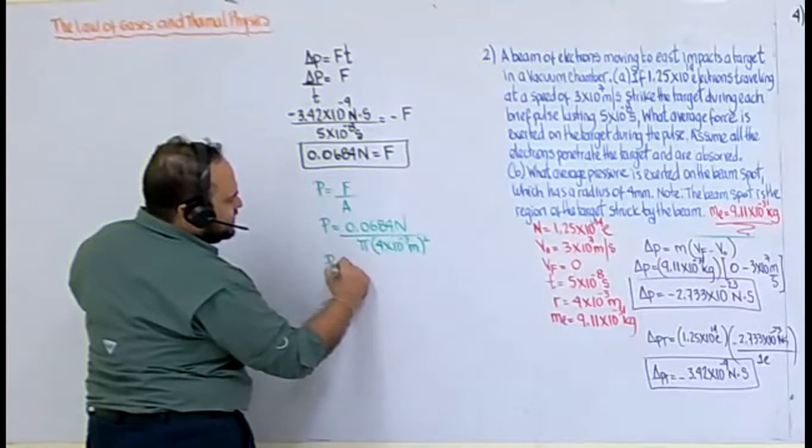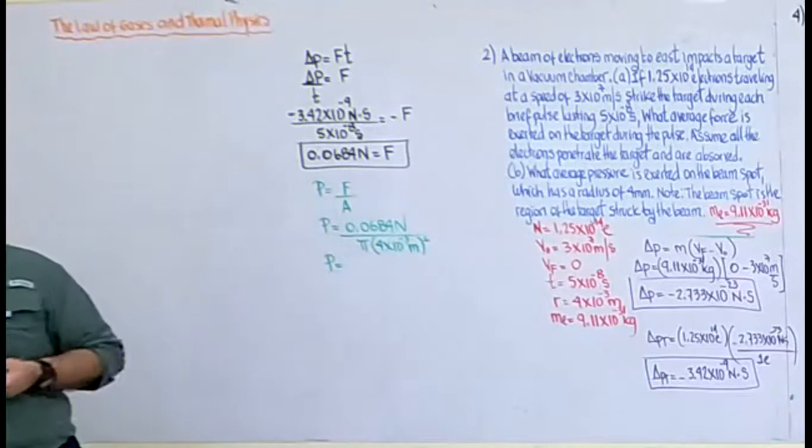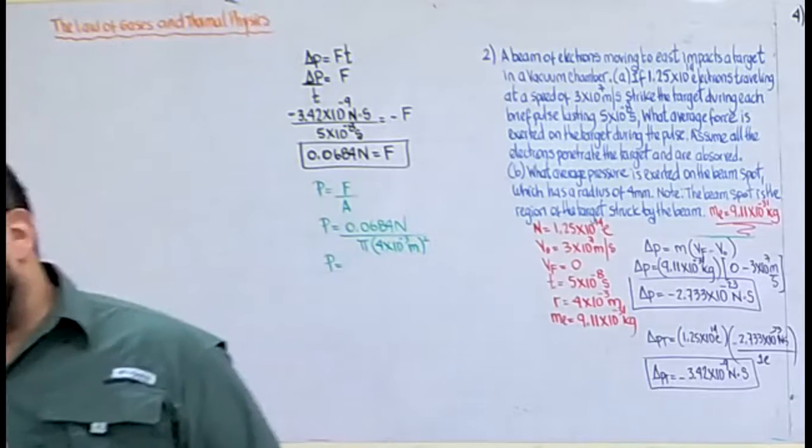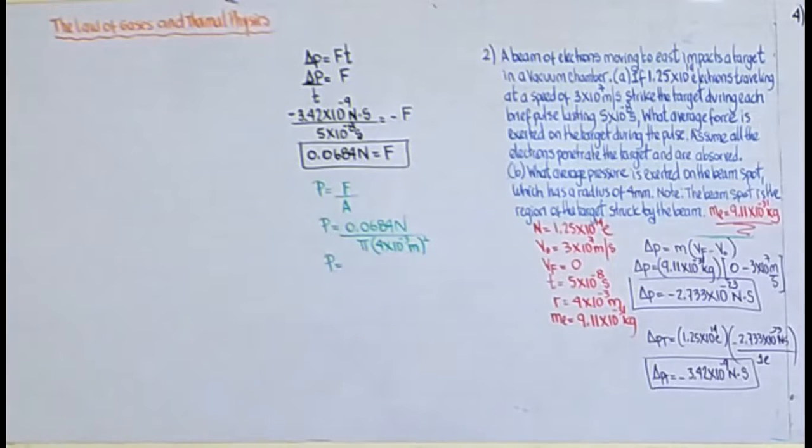In that situation, we can calculate the average pressure, or the stress, if you wish to call it that way. Let me calculate the area, pi times 4 times 10 to the negative third power, squared, okay, and then divide 0.0684 by it, using the reciprocal value.